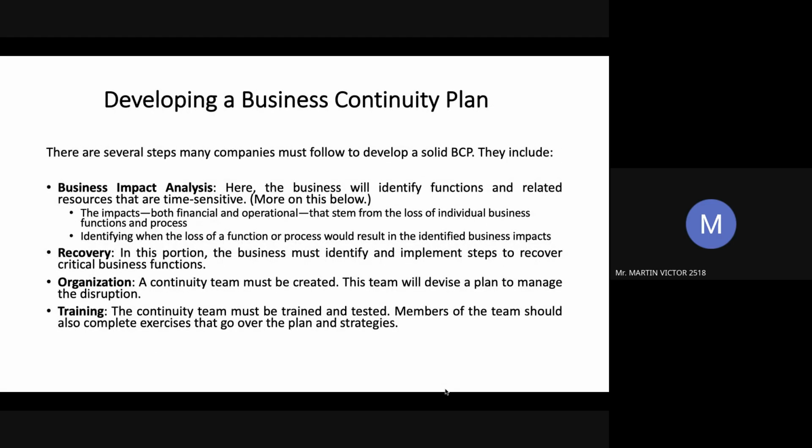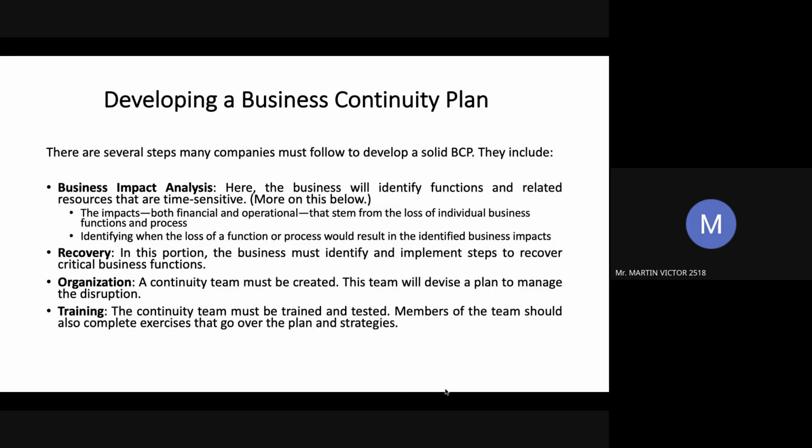If we talk about impact analysis, the organization will identify the functions and related resources that are time sensitive. If we are going to analyze the impacts, then the impacts can be both financial and operational.